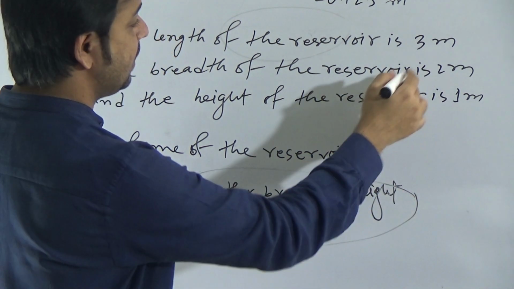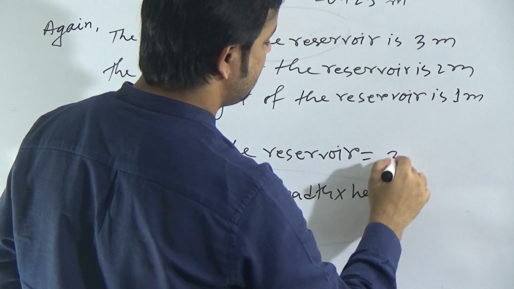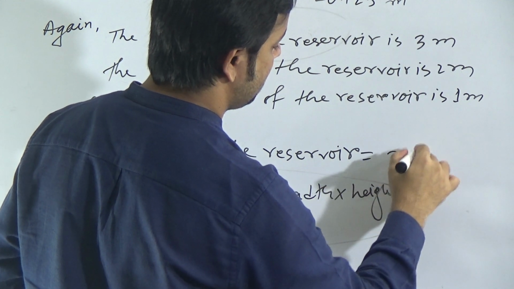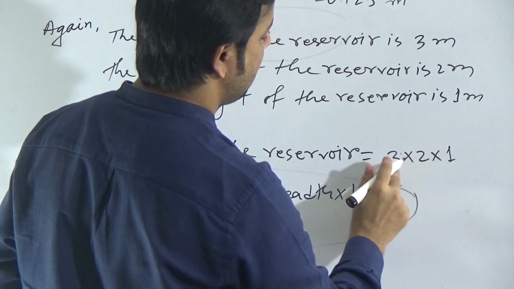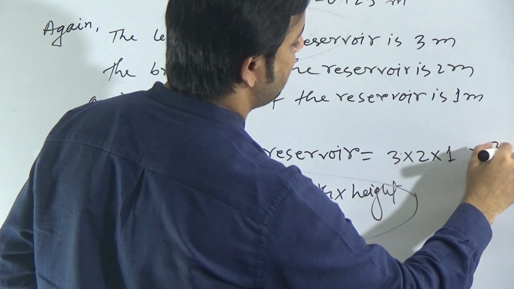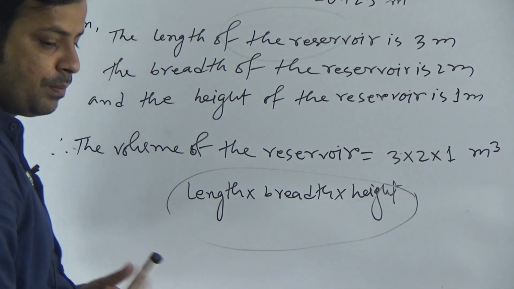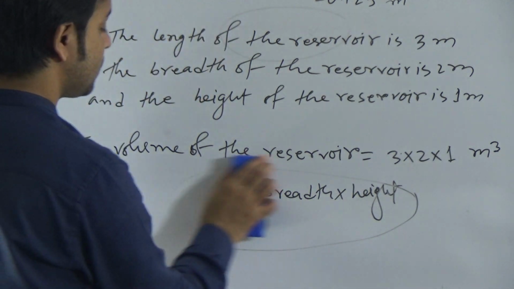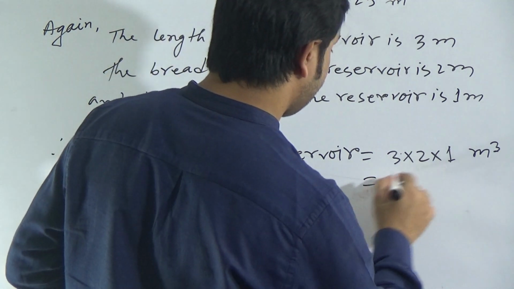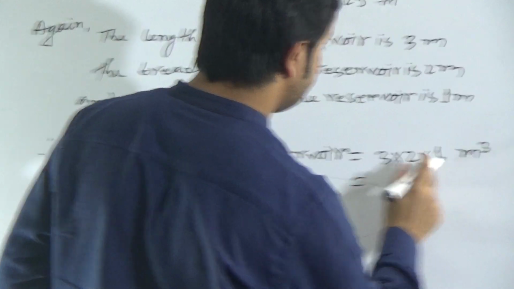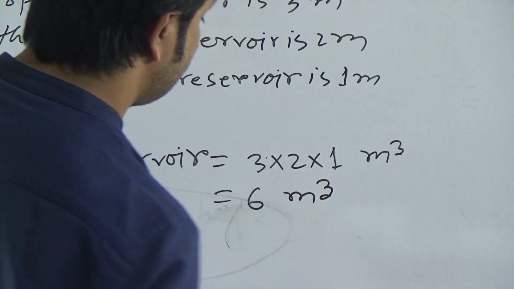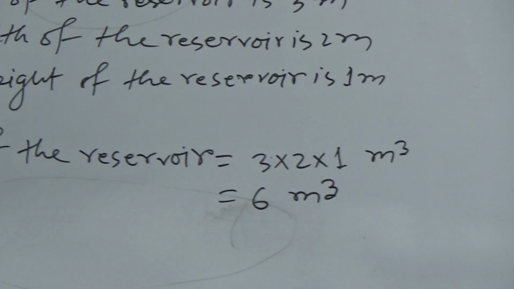So we have to multiply 3, 2 and 1, length, breadth and height. Unit will be cubic meter or m cube. If we multiply these, 3 2s are 6, 6 1s are 6. 6 meter cube. This is the volume of the reservoir.